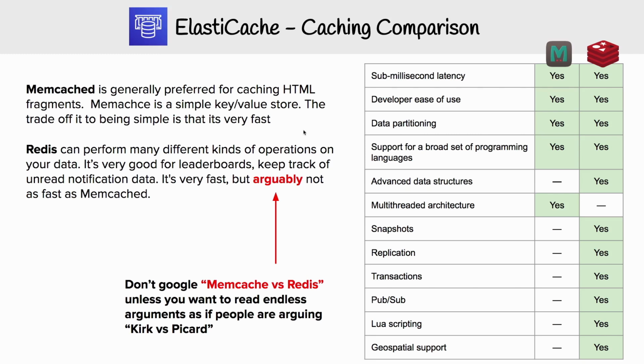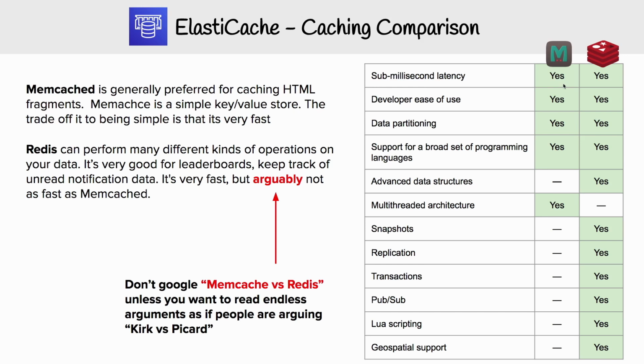We don't really need to know in great detail all the differences, but we do have this nice big chart that shows you that Redis ticks more boxes than Memcache. So you can see that Redis can do snapshots, replication, transactions, pub/sub, and support geospatial support. So you might think that Redis is the clear winner here, but it really comes down to your use case.